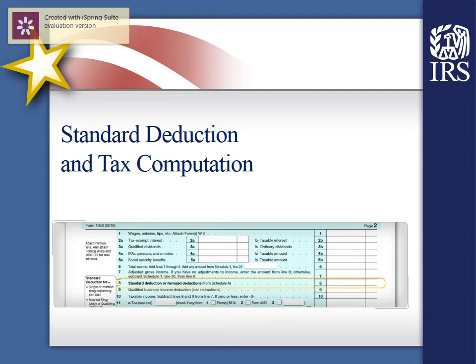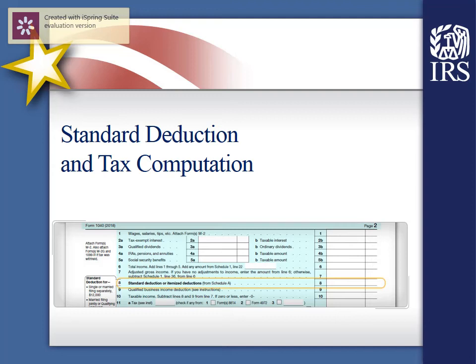If you are married filing jointly, you are allowed a standard deduction of $24,000. And if you are head of household, you are allowed a deduction of $18,000. A qualifying widower would be allowed the deduction of $24,000.